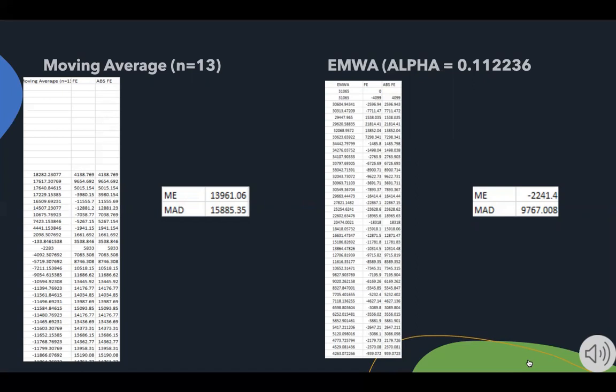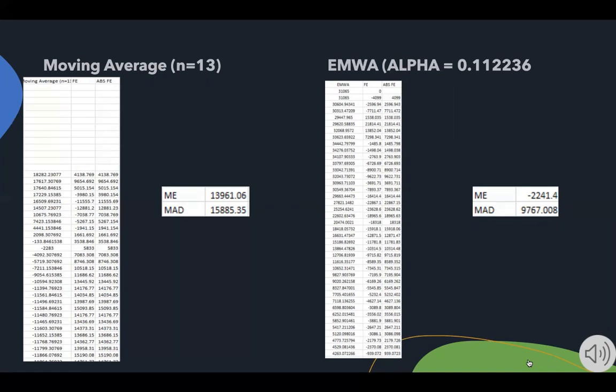I used that, and it gave me an ME of 13,961.06 and an MAD of 15,885.35. Our goal in deciding what forecasting method is best for this data is that we need ME and MAD to be as close to zero as possible, which means it's as accurate and as unbiased as possible.